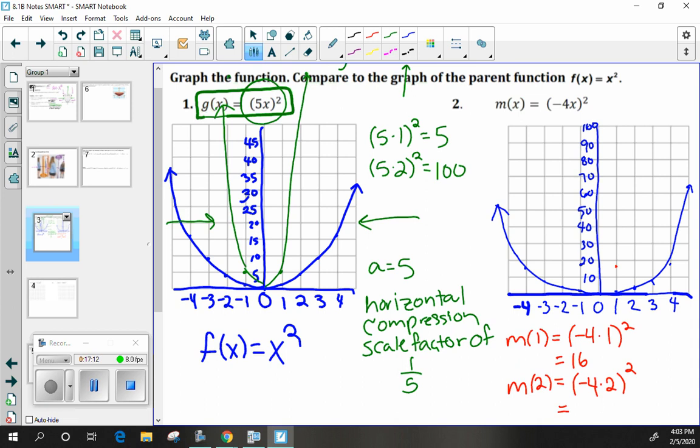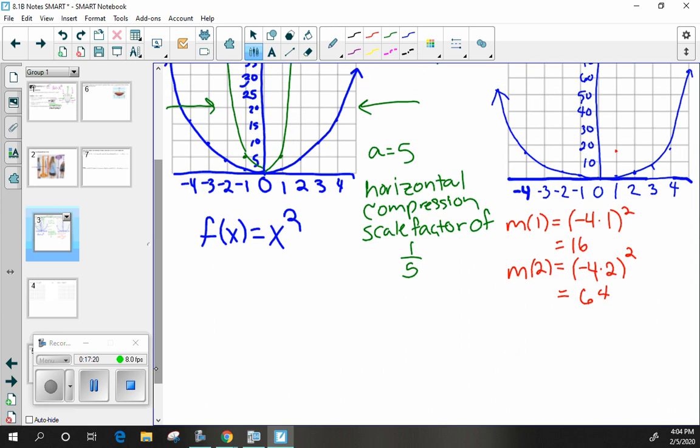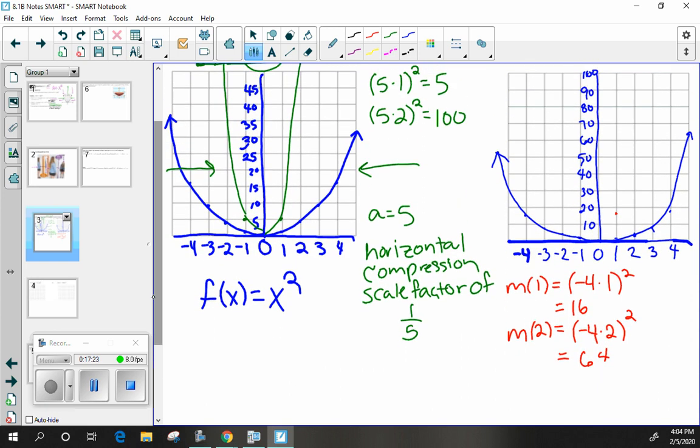And we are going to get 64. So that's a little bigger. That's about, let's call that right there. And because we know that negative 4 times negative 2 squared is also going to be 64, we're going to go ahead and put that right there for now.